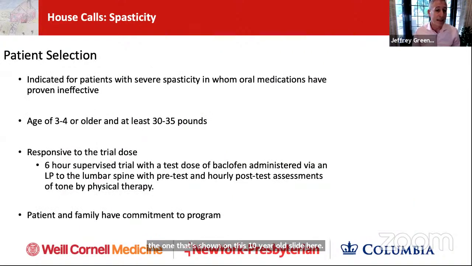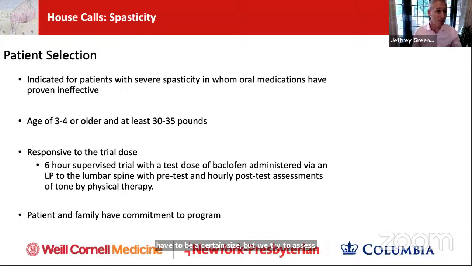Putting the pump in is sometimes a tough decision because it's really good for patients with severe spasticity, but there are some limitations. The first is that we typically have to be at 3 or 4 years old at least. I'll talk about that on the next slide. We've tried to lower the age criteria as much as we can safely, and I'll explain why they have to be a certain size. But we try to assess them with a trial dose.